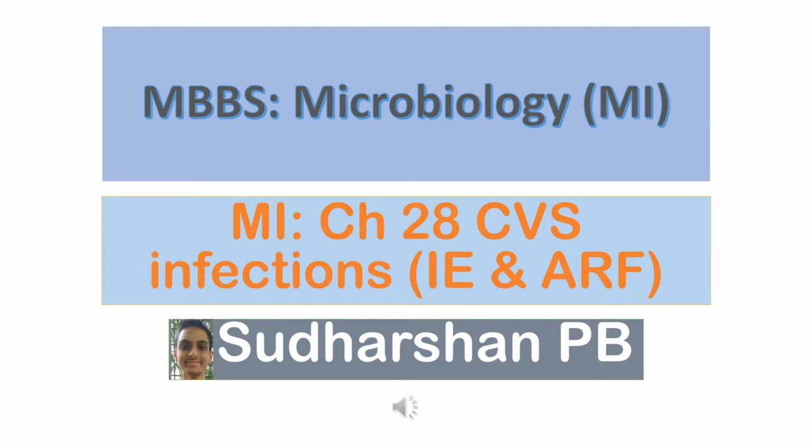And if we see the pathogenesis, it is divided into four phases: endothelial injury, colonization, vegetations, and metastasis. So endothelial injury, as the name itself tells, the inner lining of the blood vessels is affected.